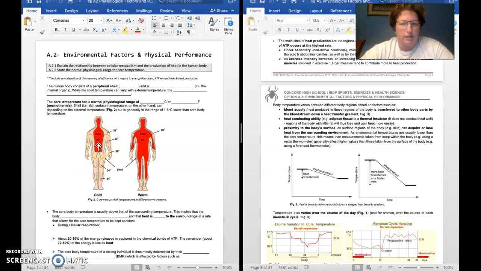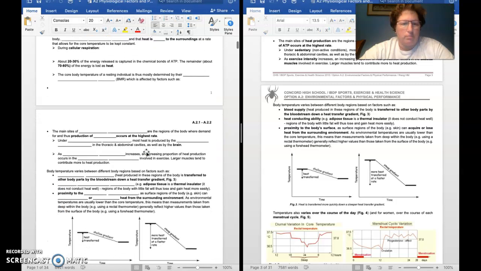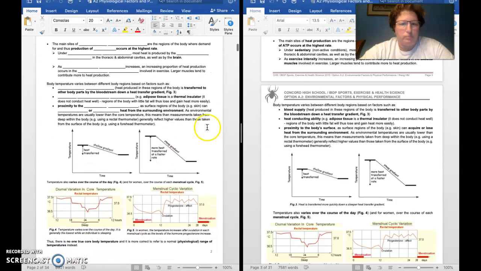But once we start getting more active, we then involve the skeletal muscles. So as you can see, as exercise intensity increases, the proportion of heat production increases within the skeletal muscle. The larger the muscle is, the more heat production our body has. All right.